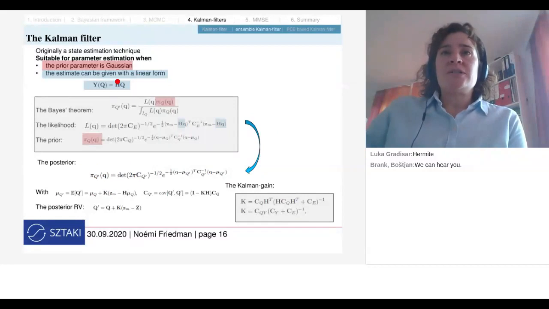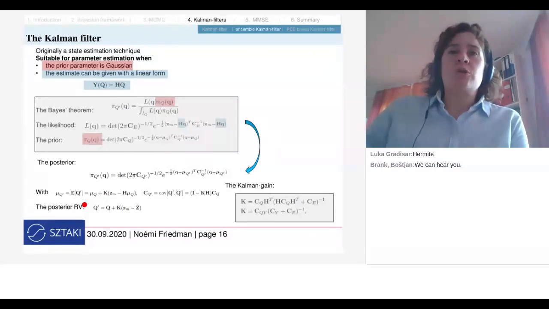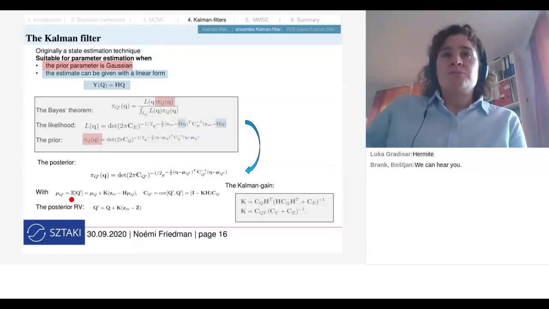which is because, if I have an underlying Gauss measure, so Q is a vector of Gaussian random variables, then because this is a linear map, then Y will be also Gaussian. So then the update will be also Gaussian.